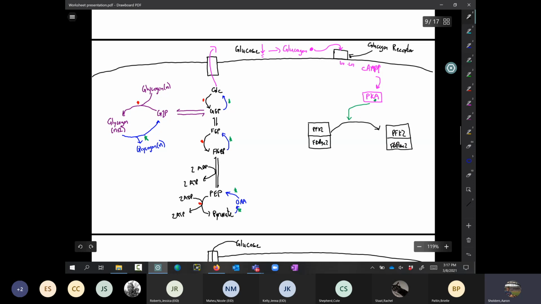And so now we'll have this phosphate on it. That's what PKA does. We get to draw sunbeams.